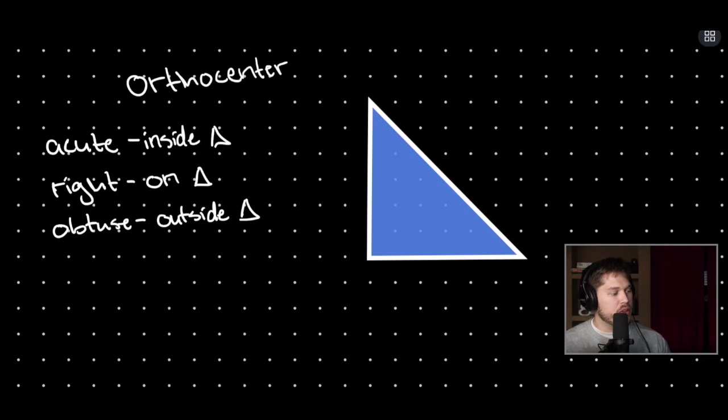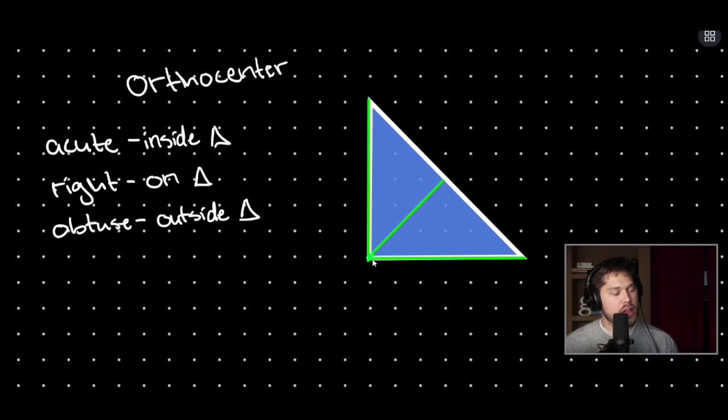Okay, so for the right triangle, notice how the altitude of our top vertex is just the same as this line. And the altitude for this right vertex is the same as this bottom line. And then the altitude for our top vertex going up to meet at a right angle with the opposing side, well, where's the intersection point?